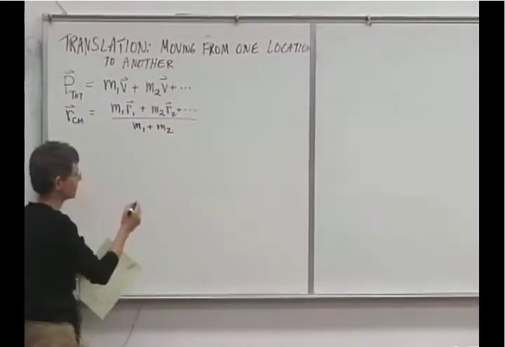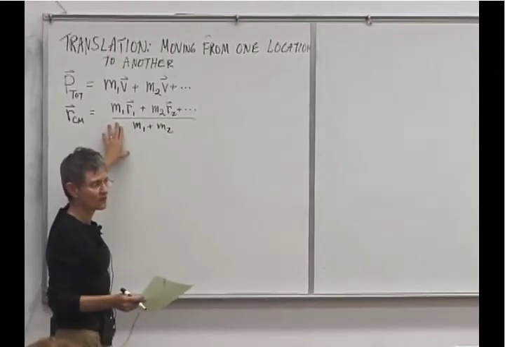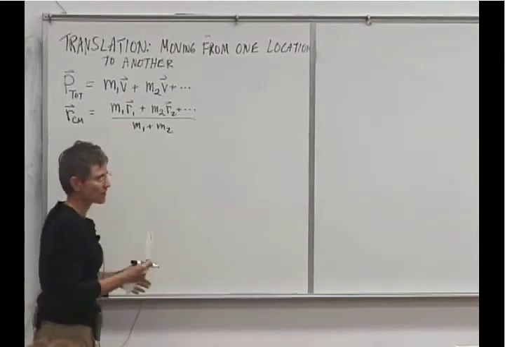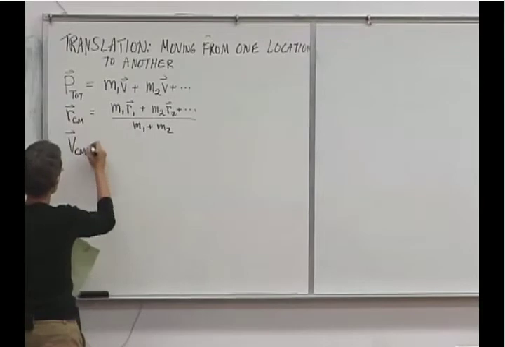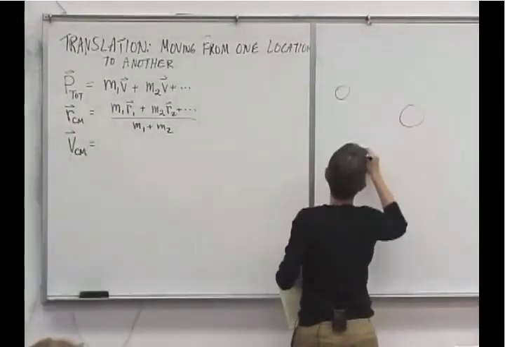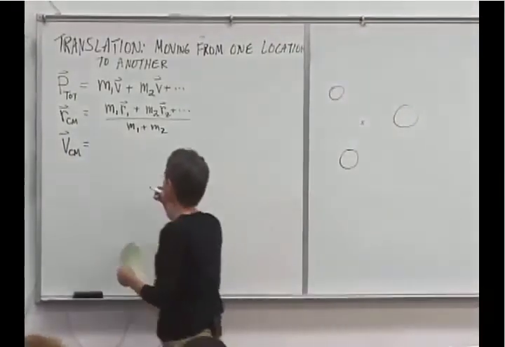And we get the velocity of the center of mass of the system just by differentiating this. Remember the center of mass is pretty much what you think it is.